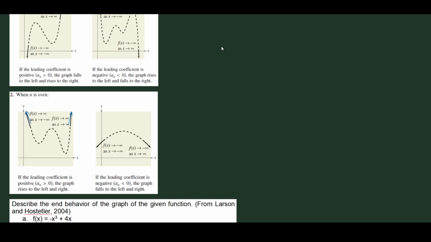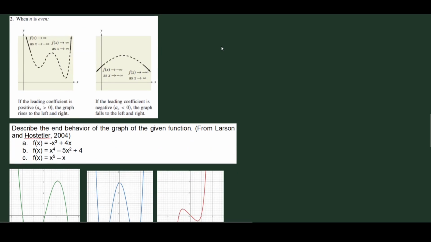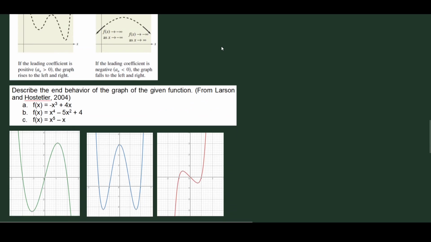So we have another case right here. If n is even and a_n is less than 0, or negative, we have a different behavior. So just to give you an idea of what a is, if you are finding the equation given a graph, that's a good indicator as well.